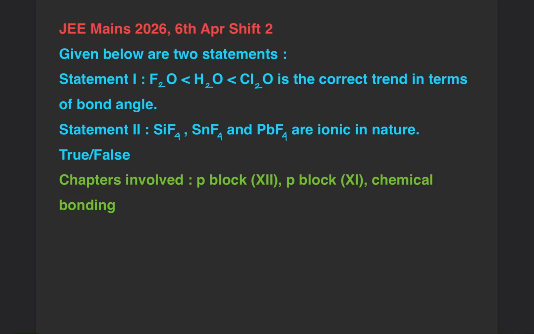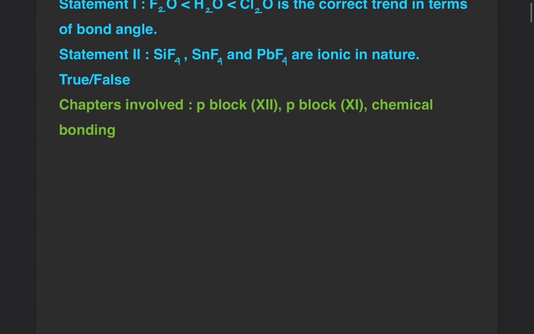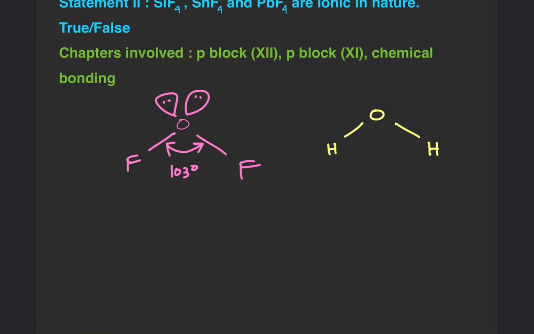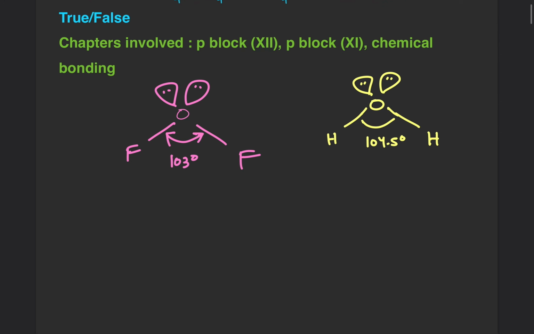Okay, so if we look at F2O and H2O, obviously both will have two lone pairs on oxygen. The bond angle in F2O is 103 degrees and the bond angle in H2O is 104.5 degrees.